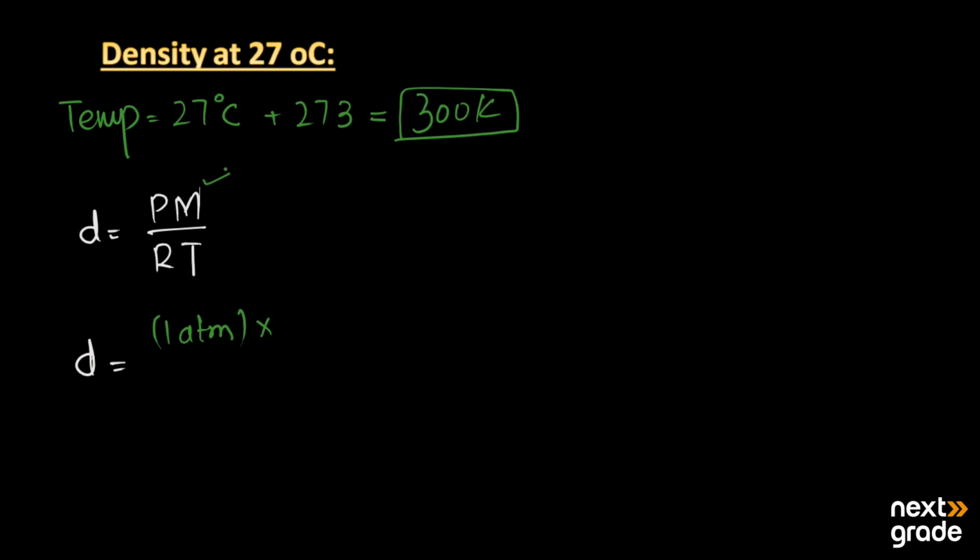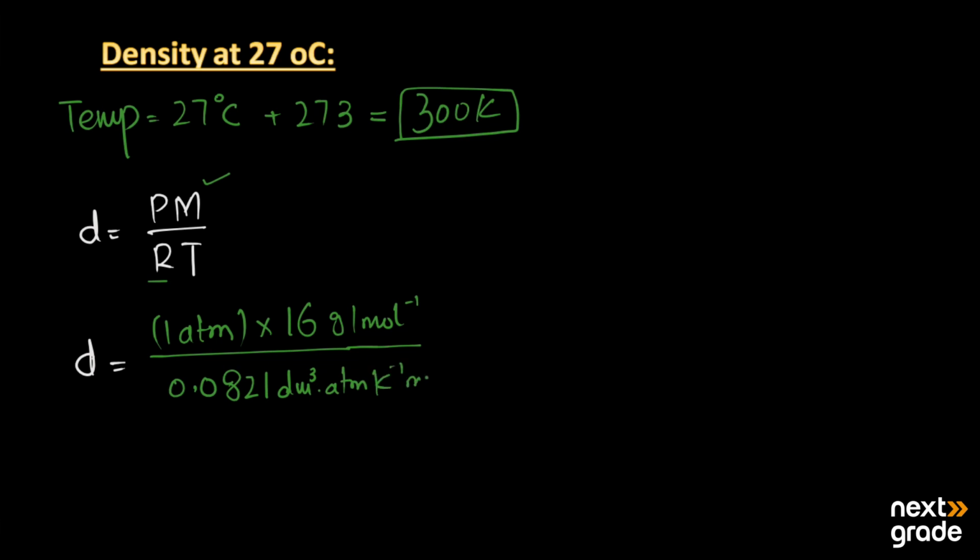For example, the gas here is simple, with molar mass 16 gram per mole, divided by 1 atm and the general gas constant R, which is 0.0821, with units dm cube atm per Kelvin per mole, multiplied by the temperature, which is 300 Kelvin.